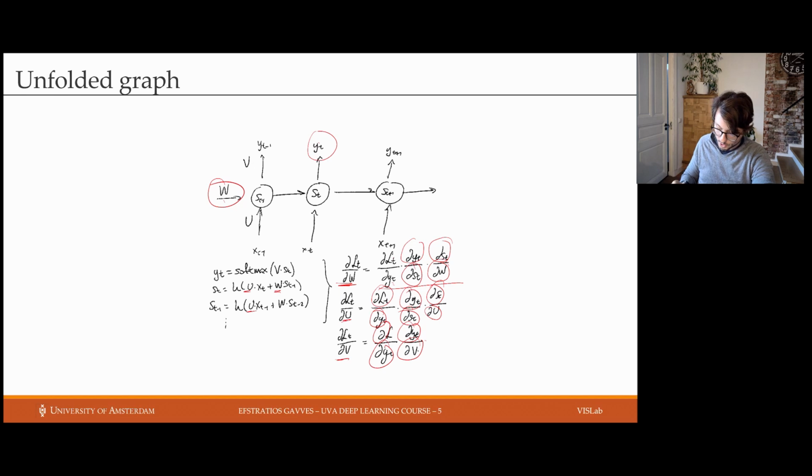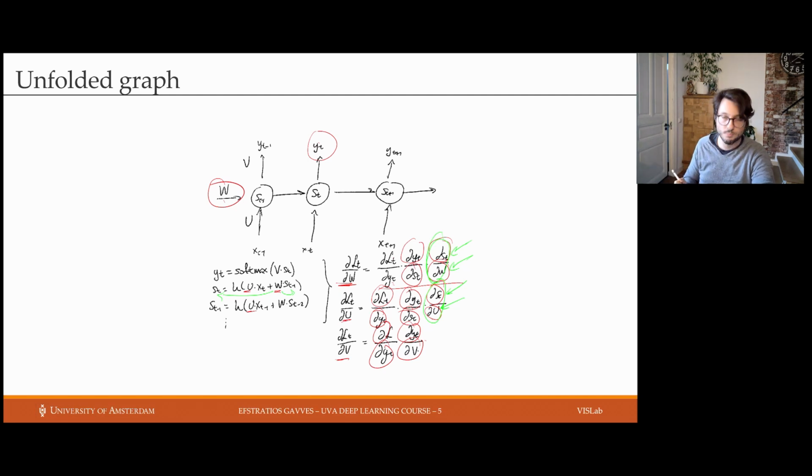Now, what is interesting here regarding recurrence are these terms, because they involve two variables, S_T and W, and S_T and U, and these variables W and U are actually influenced by and influencing these same state variables through time.